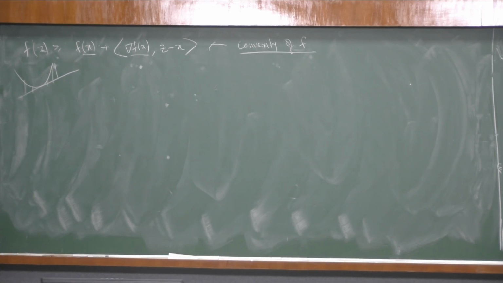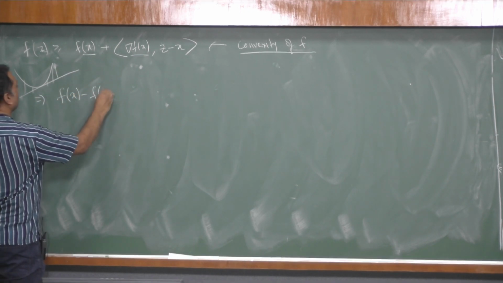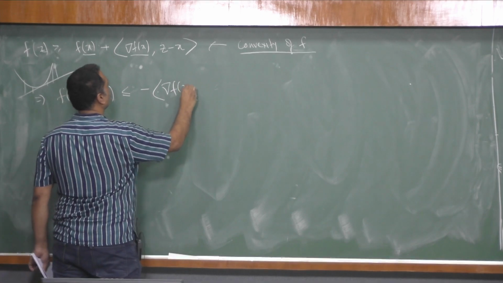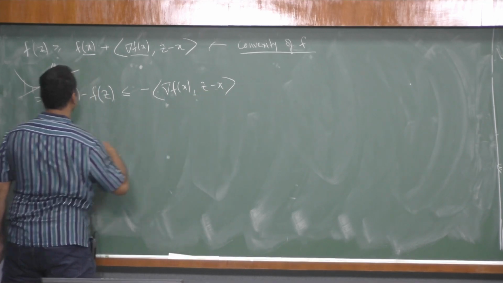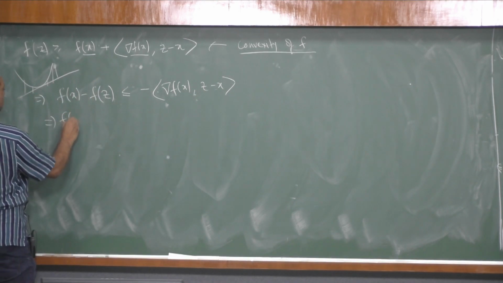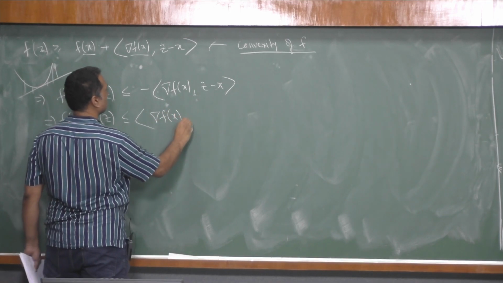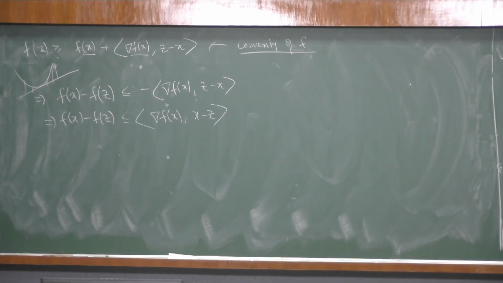So now we have to figure this out. So f(x) minus f(z), and this guy goes here, it's negative, so z minus x becomes x minus z. So it seems okay. So this implies f(x) minus f(z) is less than or equal to the negative of this, right? So let me do this one more step. The negative I can absorb here or here, but it's better to absorb here. So this implies f(x) minus f(z) is less than or equal to grad f(x) times (x minus z). All this is from using convexity of f.